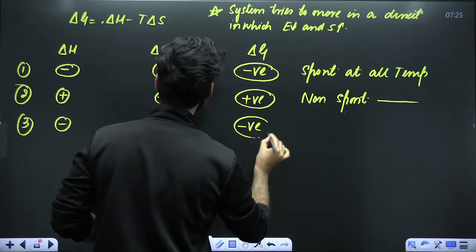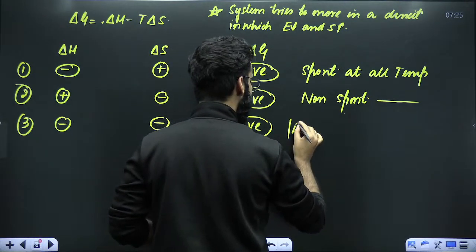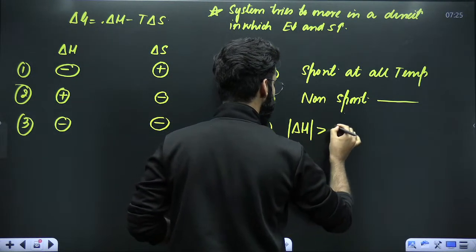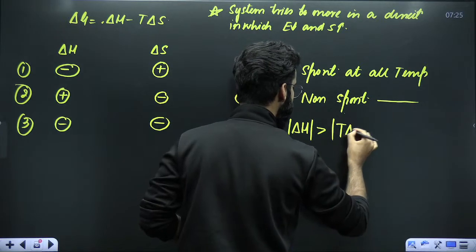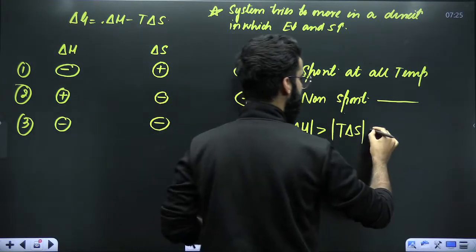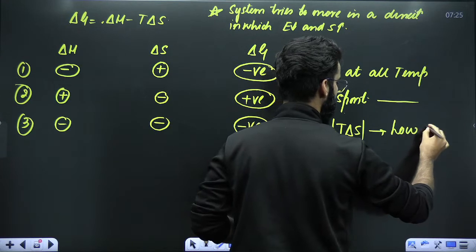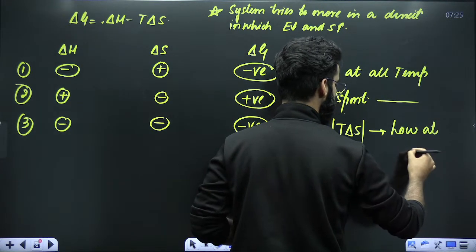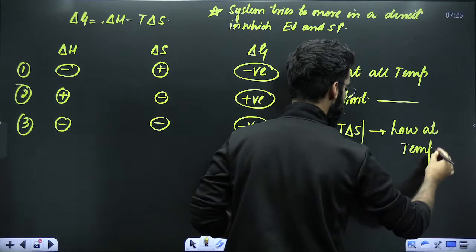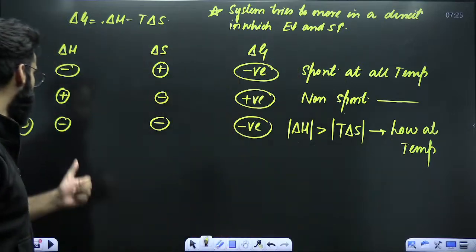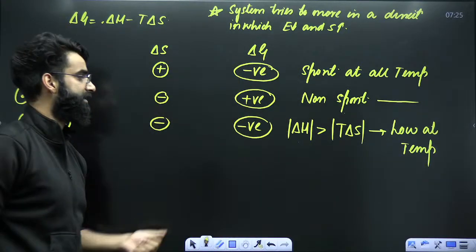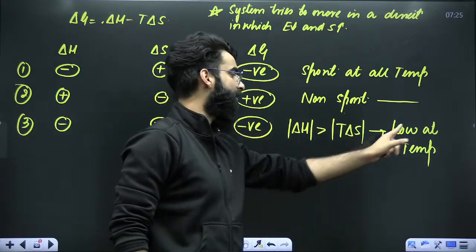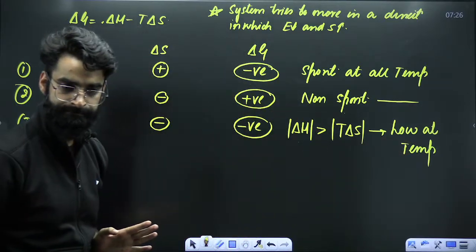Overall delta G can only be negative if the magnitude of delta H is greater than the magnitude of T delta S, which is only possible at low temperatures. So any such process whose delta H is negative and delta S is negative will be spontaneous only at low temperatures.